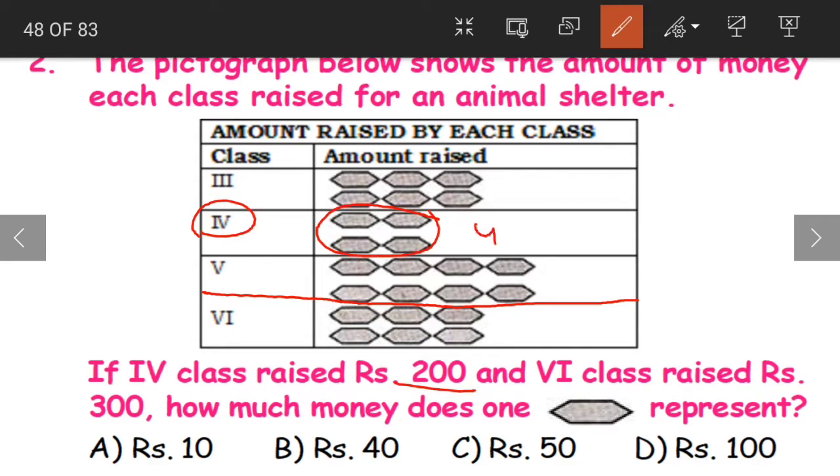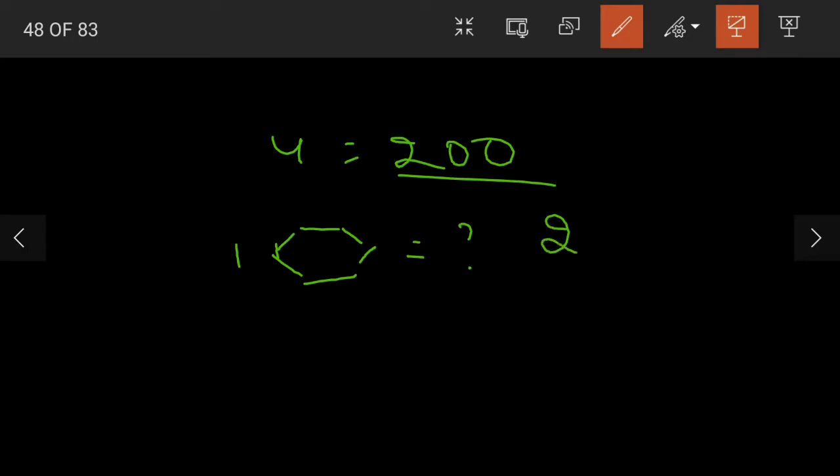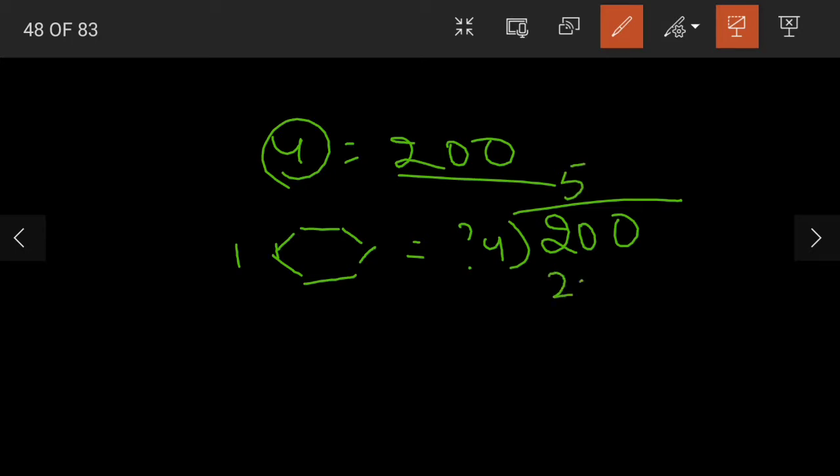Here we are having 4 blocks. So 4 blocks is equal to 200. Then one such block is equal to how much children? How will we find out? The total, that is 200 divided by the total number of blocks, 4. 4 5s are 20.